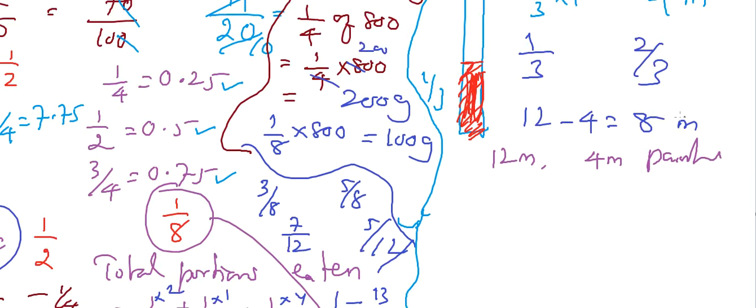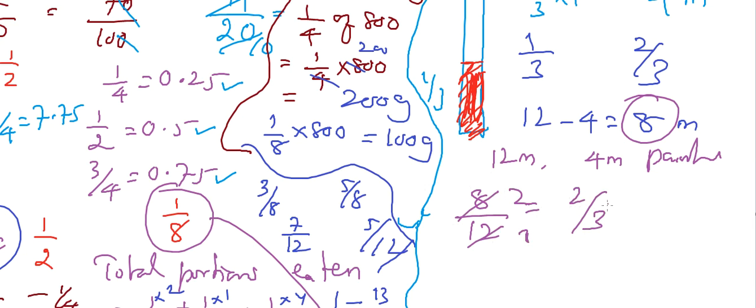We already know not painted is 8 meters. So that means 8 out of total length, 8 by 12 is not painted, isn't it? Or suppose the question is what fraction of the pole is not painted. So 8 by 12. If you simplify, both are divisible by 4. Here 2 times, 3 times. See, 2 by 3 not painted.